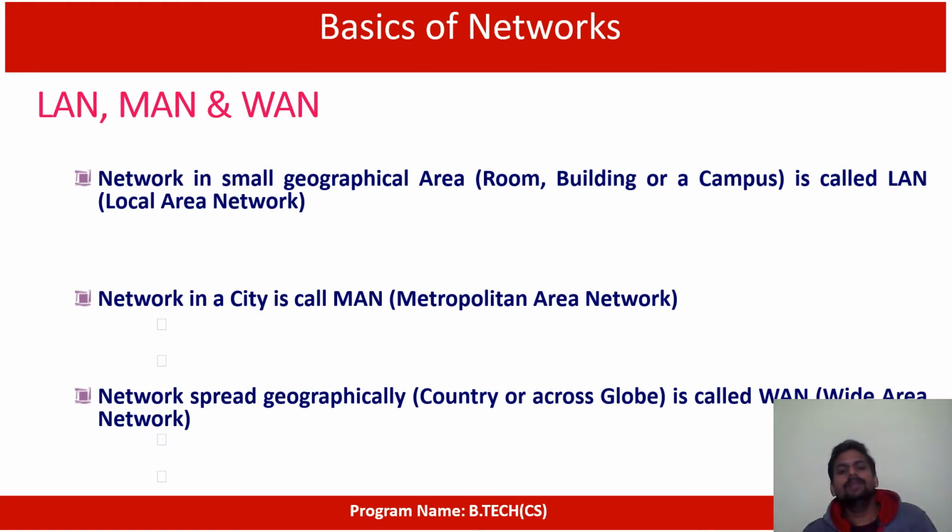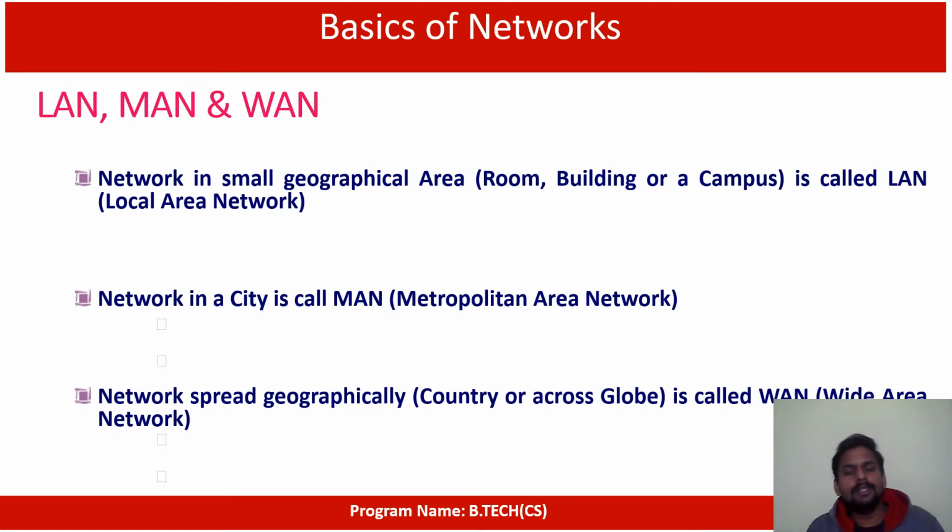This is not only a simple place. If you consider MAN, then we can make connections within the city range. But if you go for WAN, that means wide area network, then it can be all over the places, India or even out of the country. So we are connecting our computers and machines with the outside world. This kind of connectivity is called WAN.